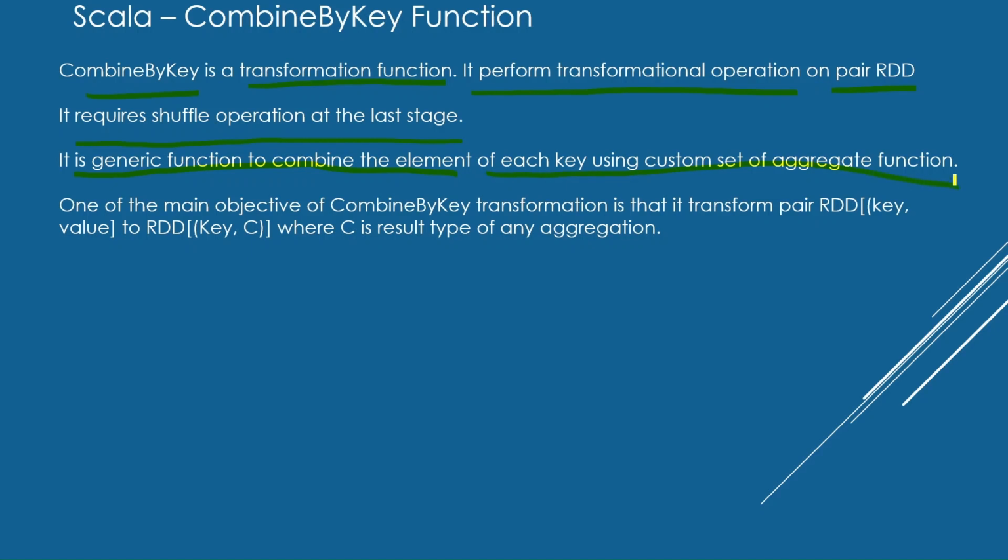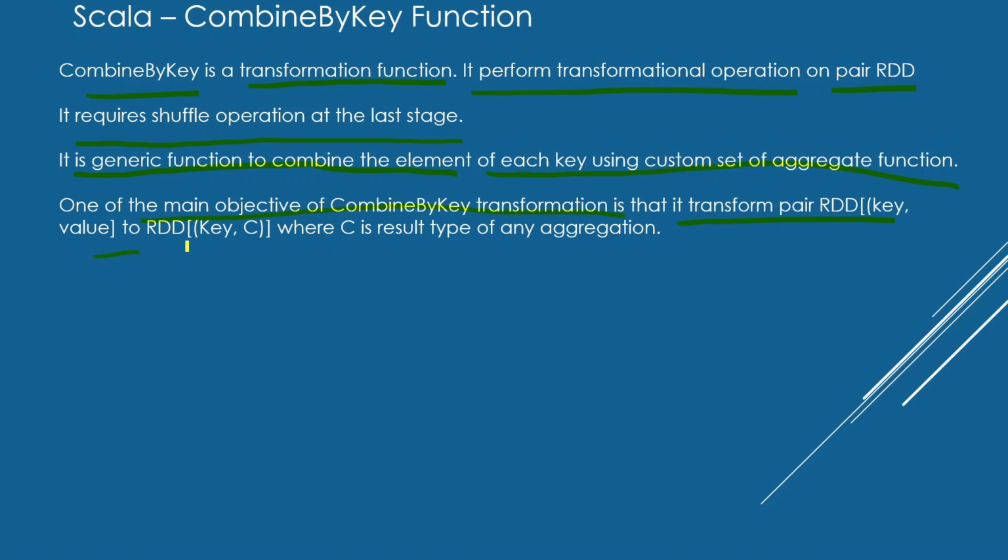So if there is a requirement to do a custom aggregation, we can write a custom aggregation function and apply it with the help of combineByKey. combineByKey will perform that custom aggregation function on each and every element of each key.